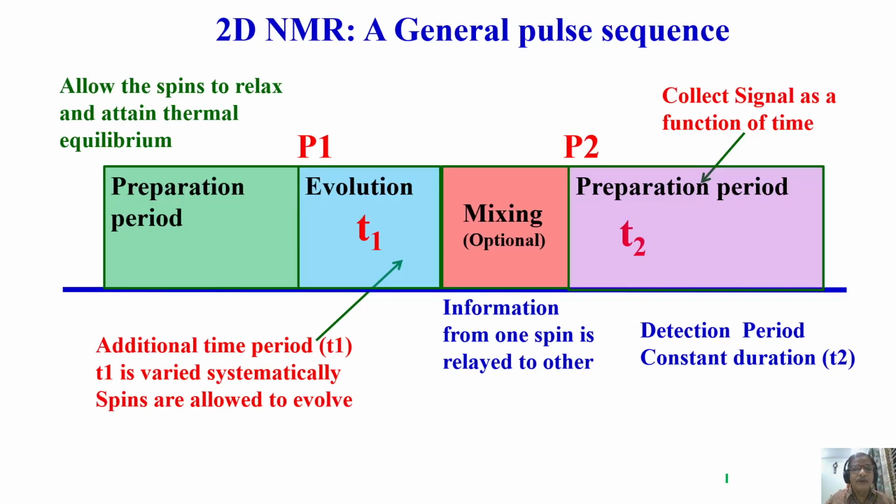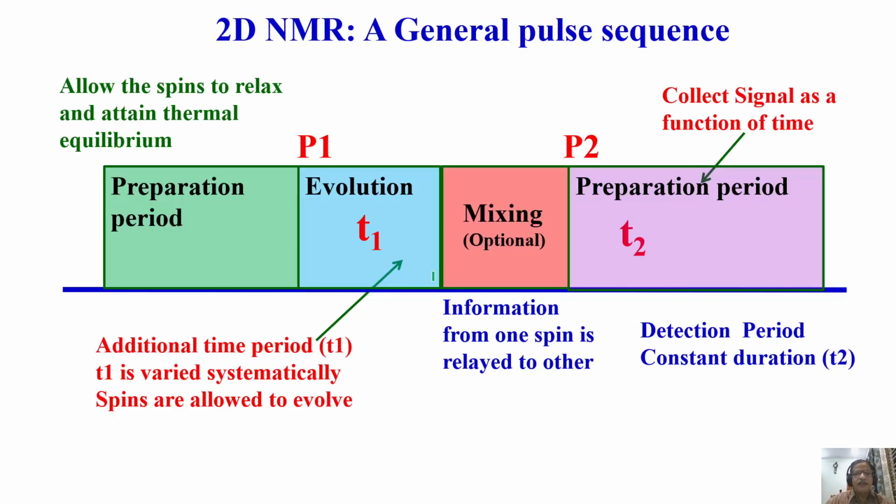Now, coming back to the two-dimensional NMR, it is a general pulse sequence I have written. Any two-dimensional NMR consists of basically 4 time periods like this. So, what is happening here? Look at it.